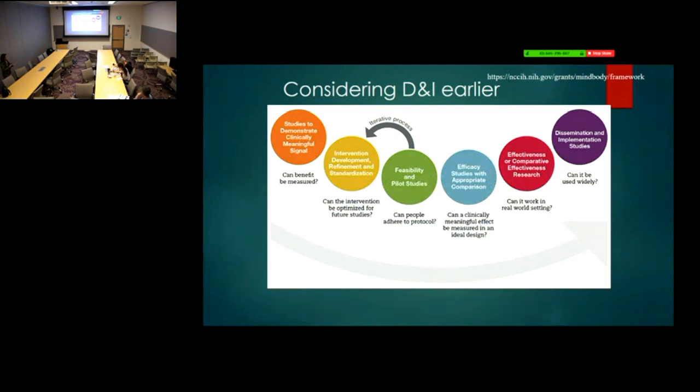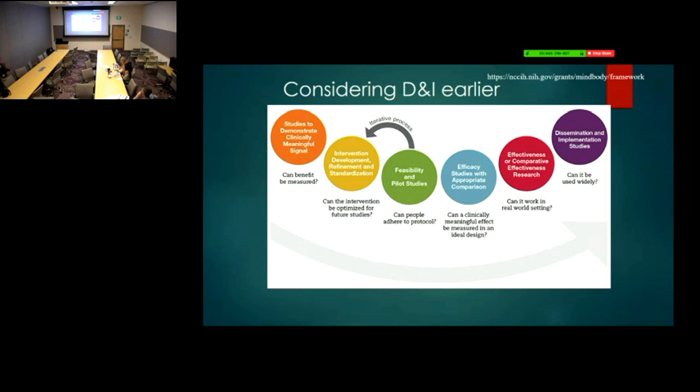So one thing, we had a workshop last week called Designing for Dissemination. It was like a day and a half. Did anybody come to that? No. Okay, that's fine. So the idea of the workshop was we're trying to get people to think sooner, when they develop their interventions, about these implementation and dissemination issues right at the beginning as you're developing it.